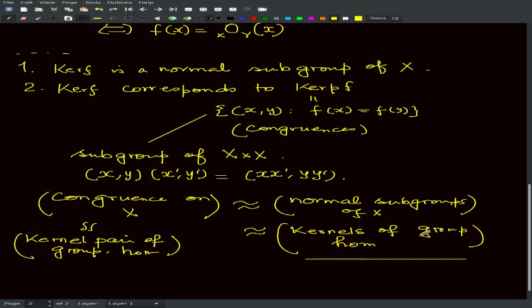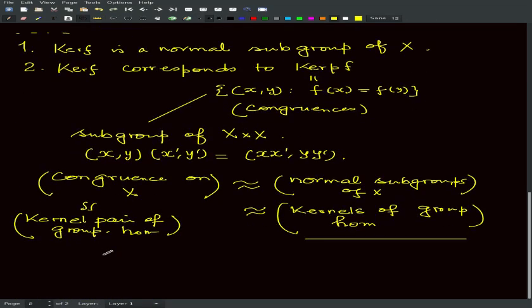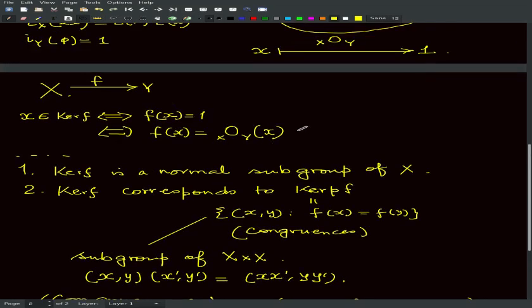So kernels of group homomorphisms are nothing else but kernel pairs of group homomorphisms. What are the kernel pairs of group homomorphisms? These are those points x, y such that f of x is equal to f of y. In fact we could have written it over here also.